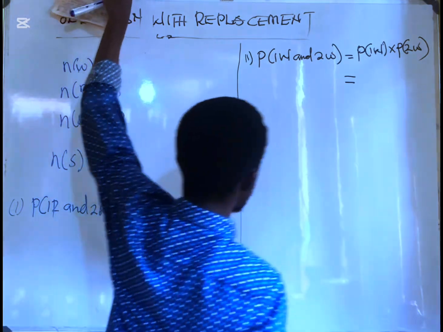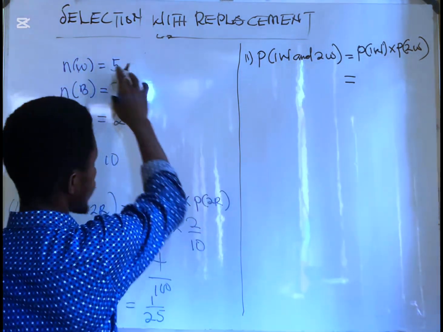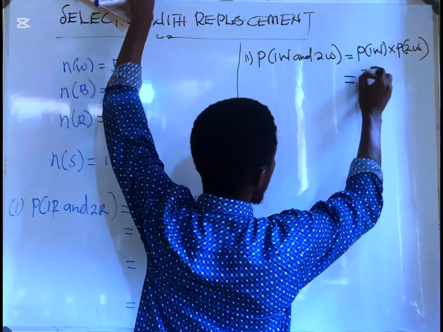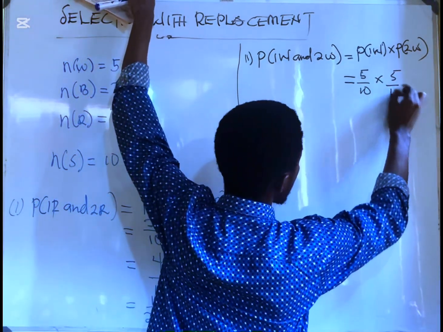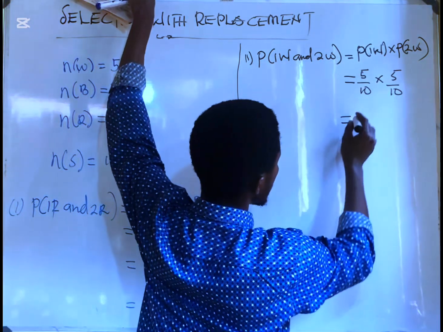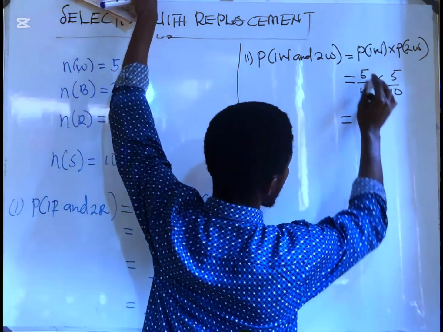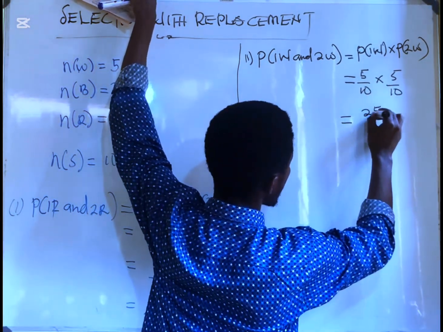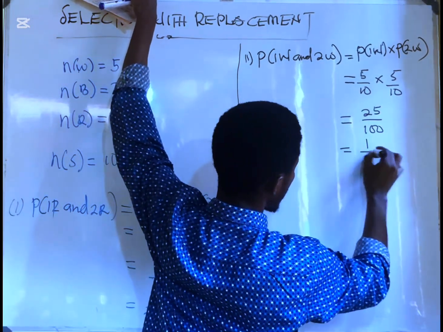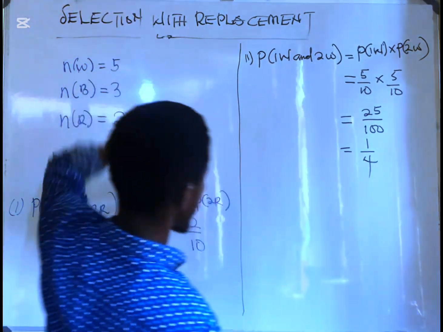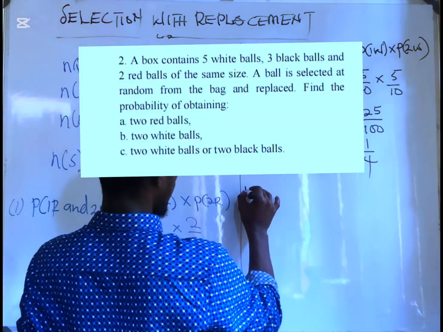Now probability of obtaining first one to be white, our white is 5, so that gives us 5 over 10 times 5 over 10, because it's with replacement. 5 times 5 is 25 over 100, which give us 1 over 4. Is that okay?